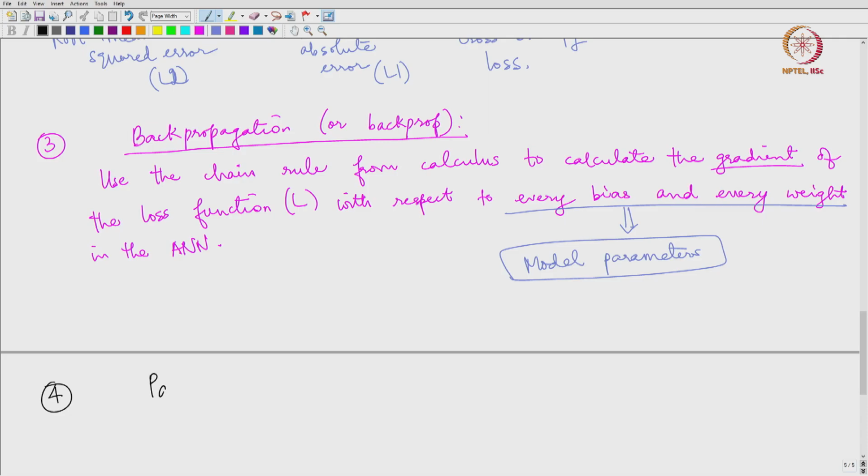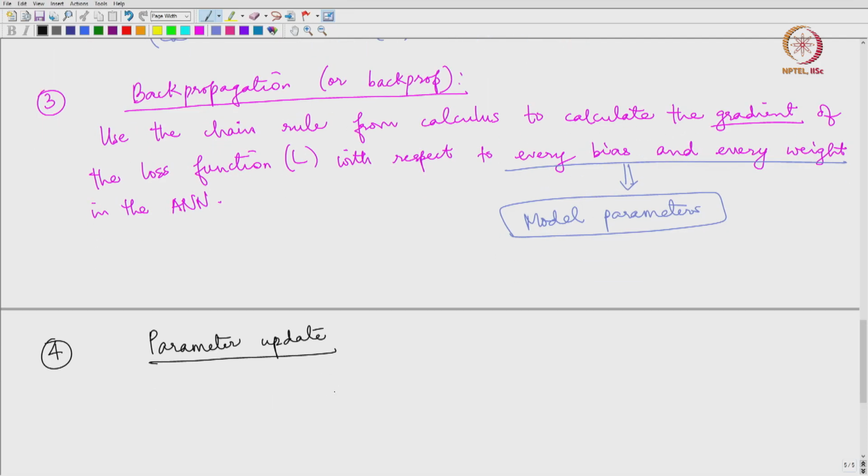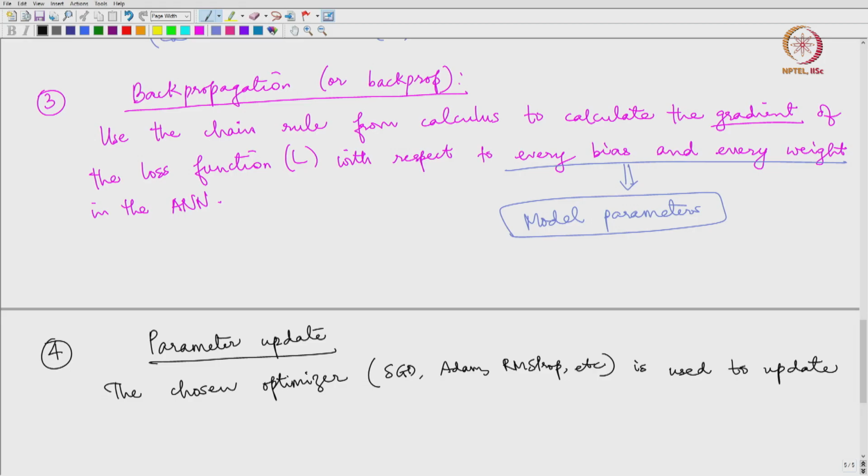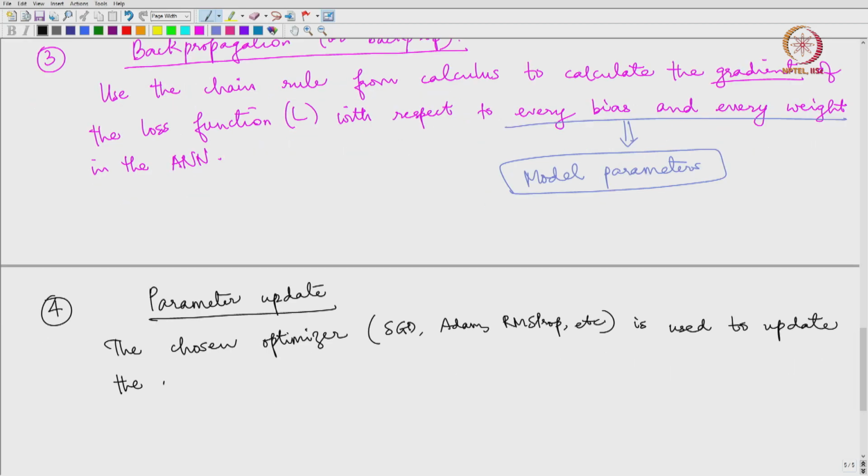So, that is the next step, parameter update, and here the chosen optimizer, whether it is SGD with or without momentum, Adam, RMS prop, etc., is used to update the model parameters, which are basically the weights and biases.